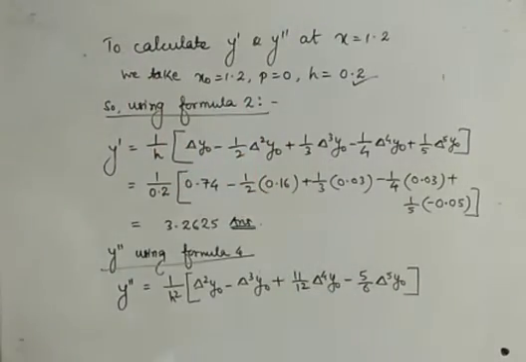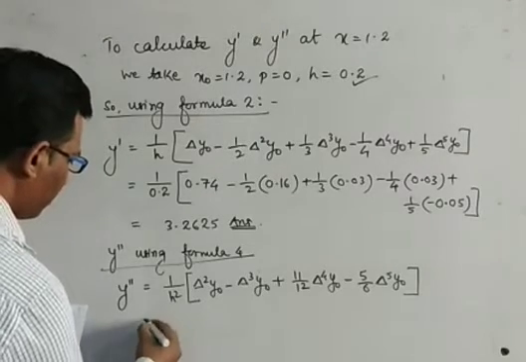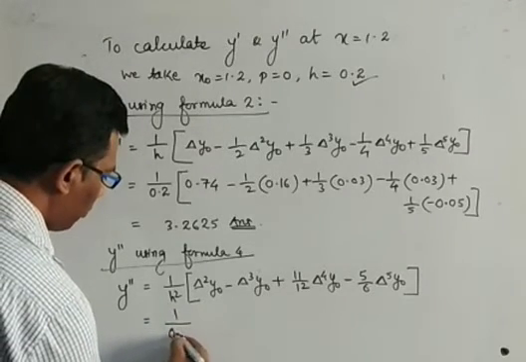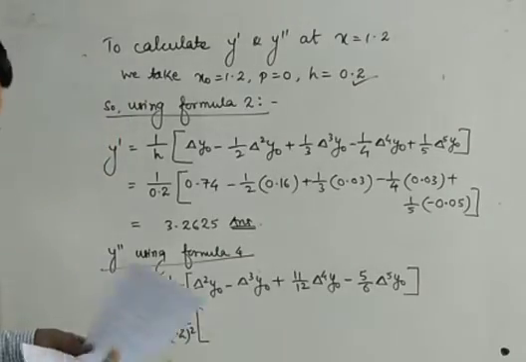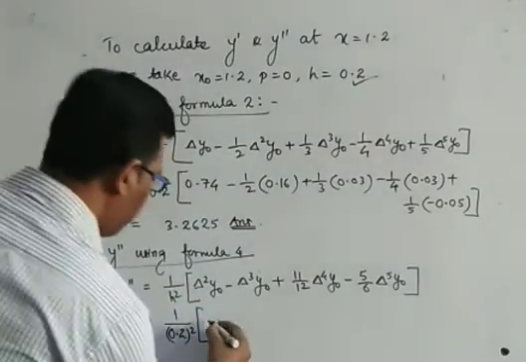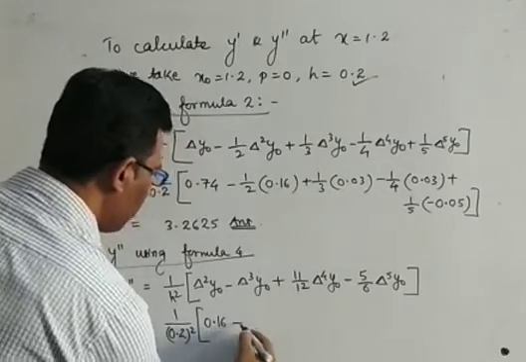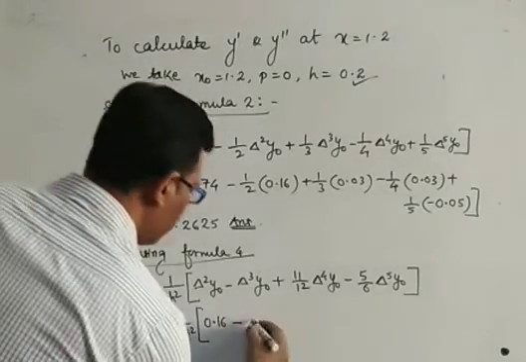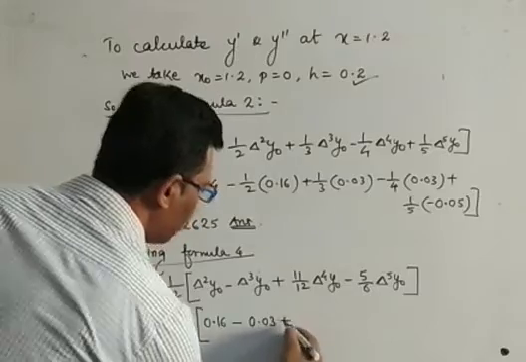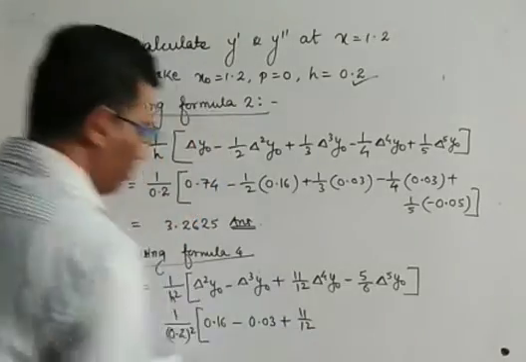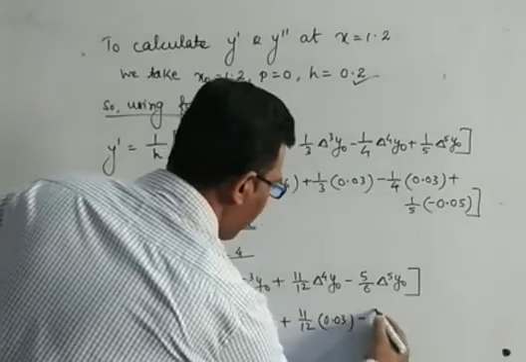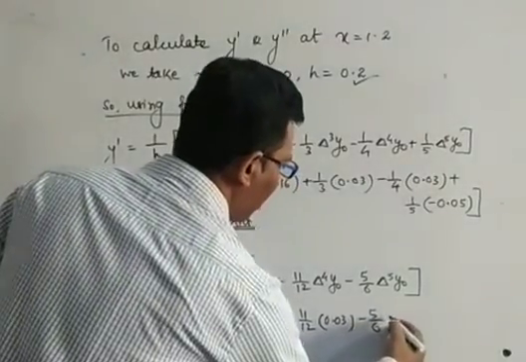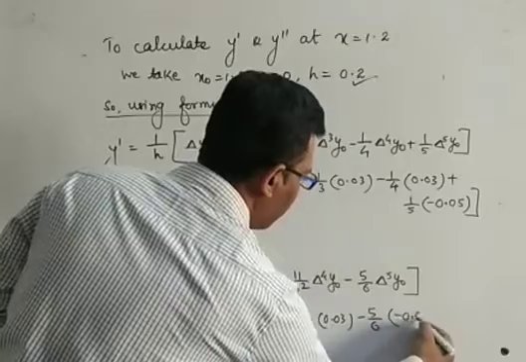Now putting the values, we get 1 by 0.2 square [0.16 minus 0.03 plus 11 by 12 times 0.03 minus 5 by 6 times minus 0.05].